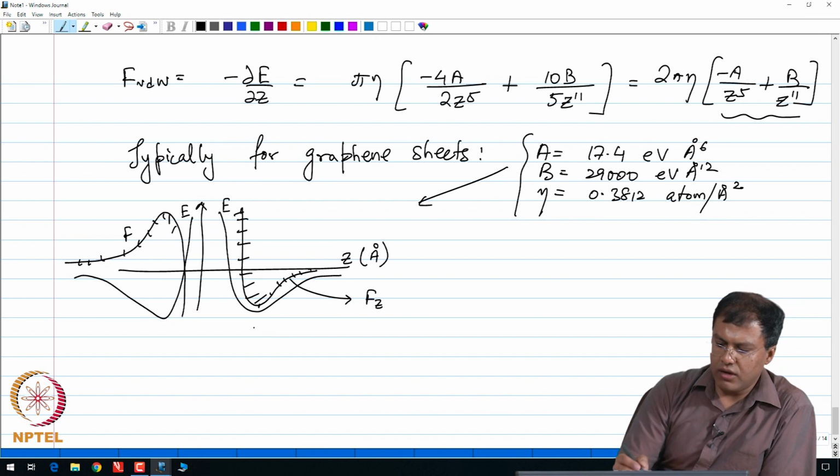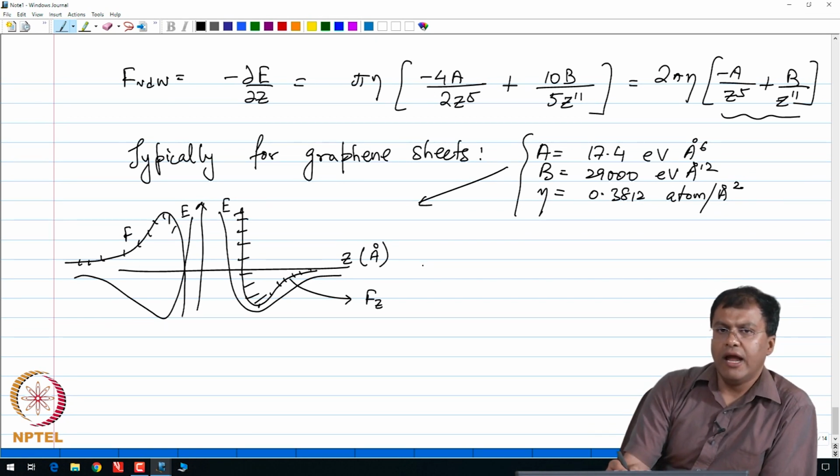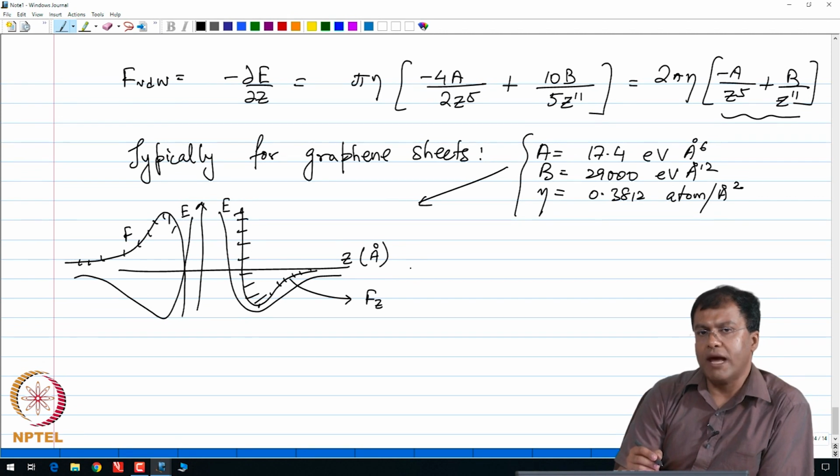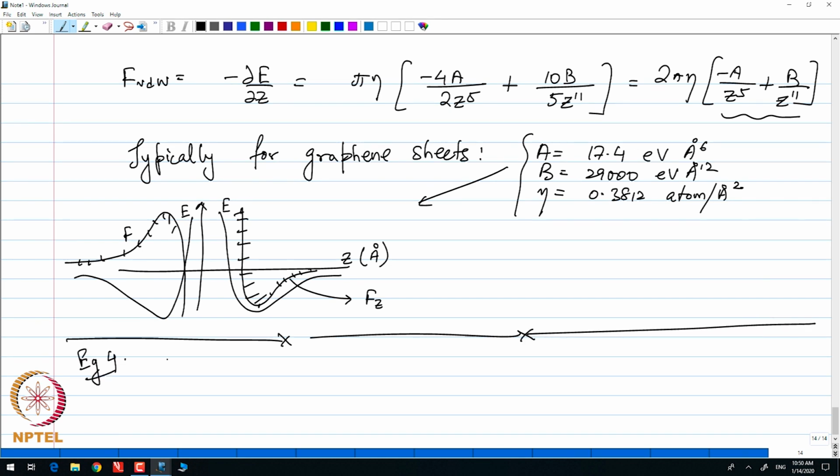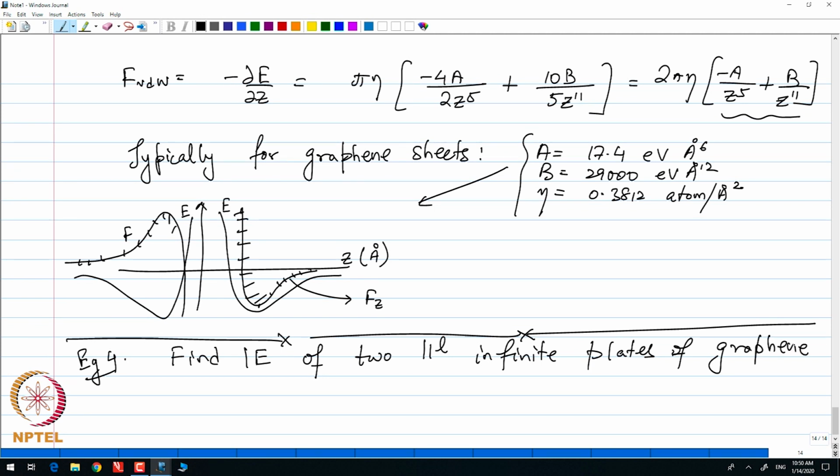So, then I would like to go one step further and calculate the interaction energy of two parallel graphene sheets, right. So, the next problem that I want to highlight: find the interaction energy of two parallel infinite plates of graphene at a distance z.